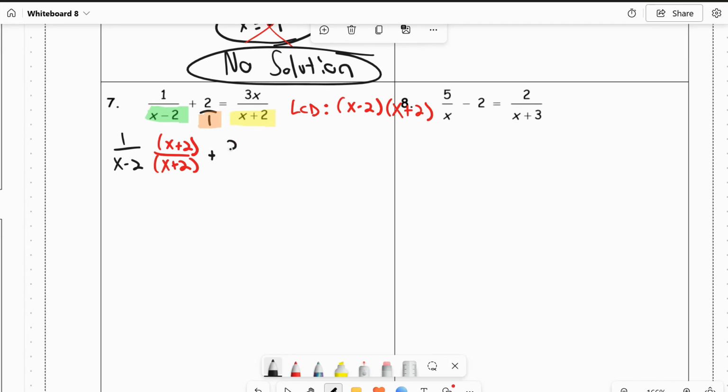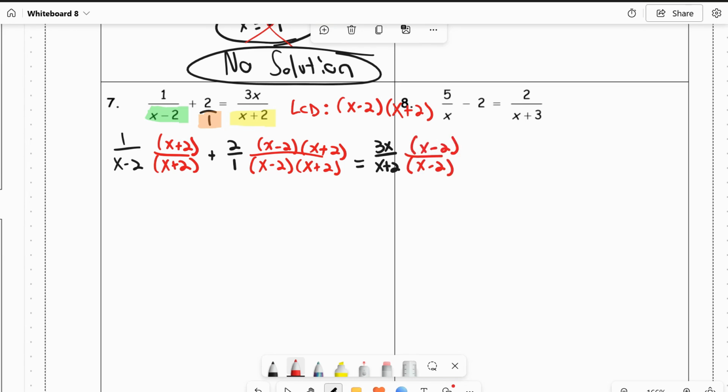My second fraction here, I have 2 over 1, which would have to be multiplied by my entire LCD, x minus 2, x plus 2, over x minus 2, x plus 2, which equals 3x over x plus 2, which would have to be multiplied by x minus 2 over x minus 2. Okay, going ahead and simplifying this, I would have x plus 2 over my LCD.